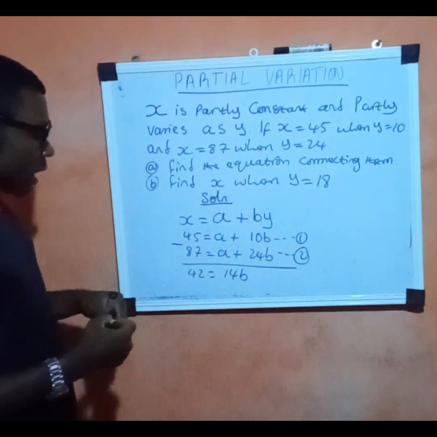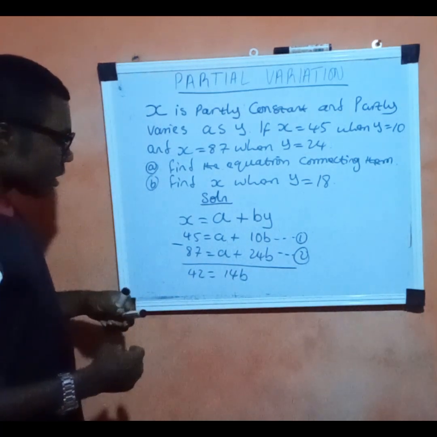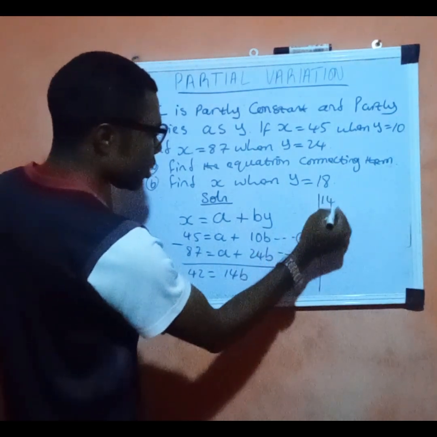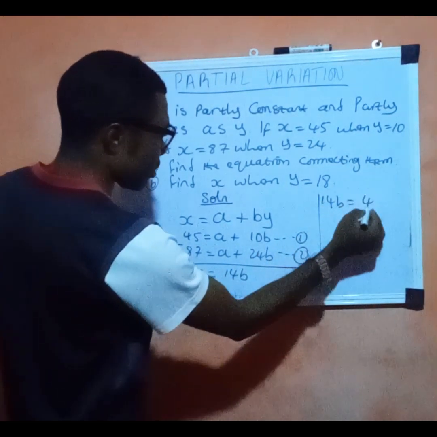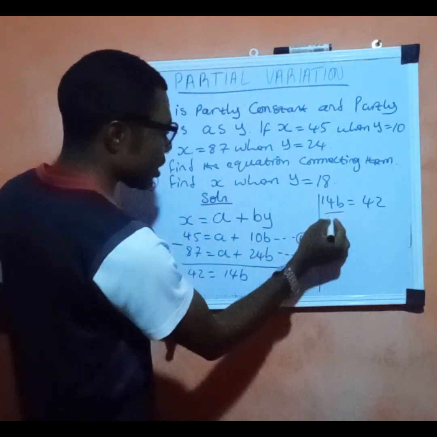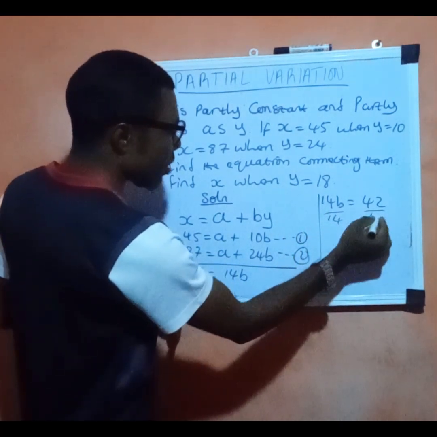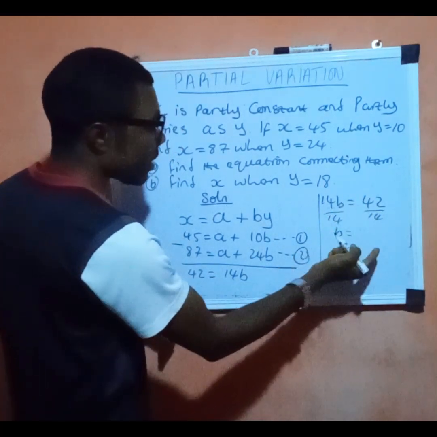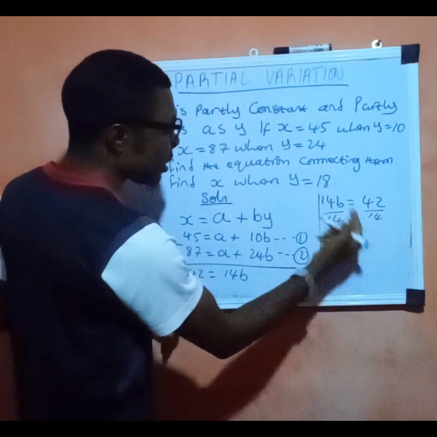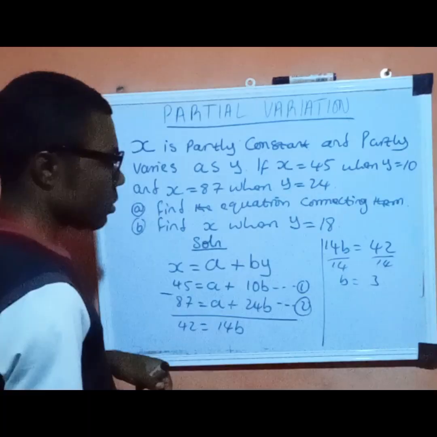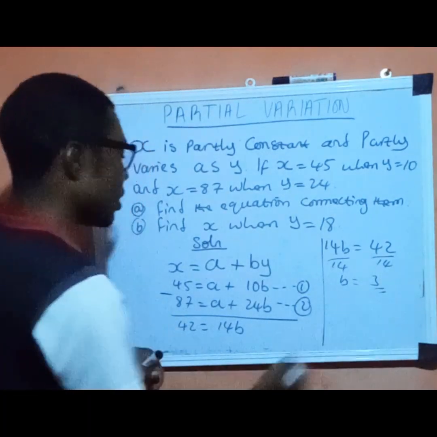If that is done, we have 14B equals 42. So we divide both sides by 14 so that we get B. And when we do that, B is equal to 42 divided by 14. 42 divided by 14 is 3. And that is our B.